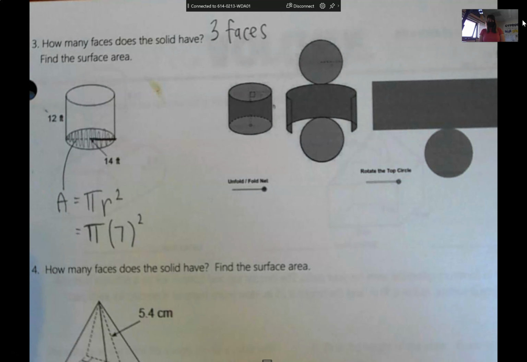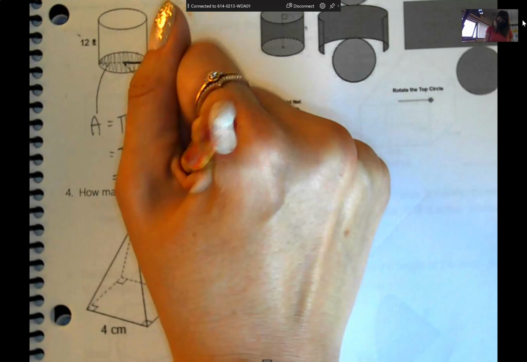Oh, that's not that bad. Okay, so that guy's going to equal pi times 7 squared. I got 154, but you guys are going to want to double check me for sure.